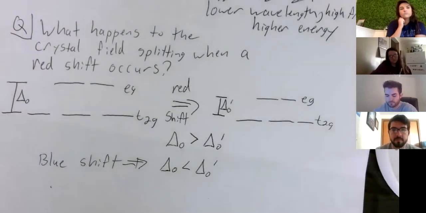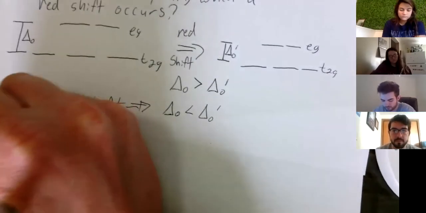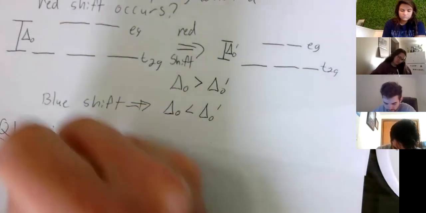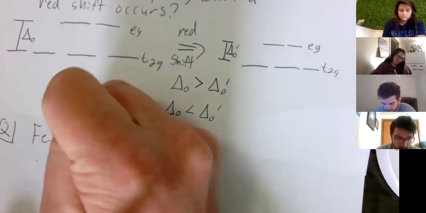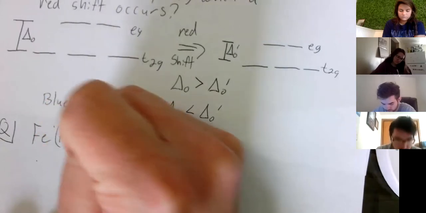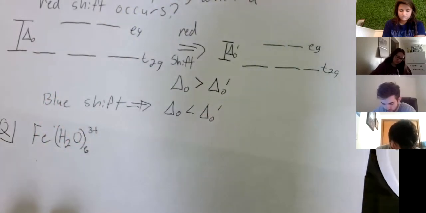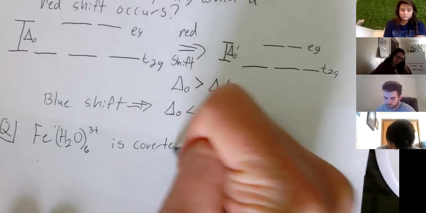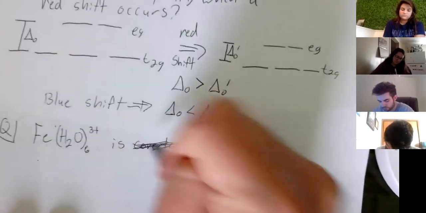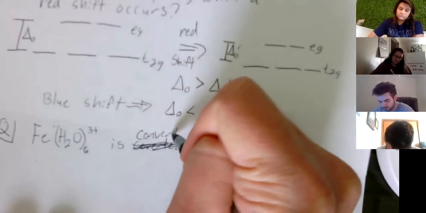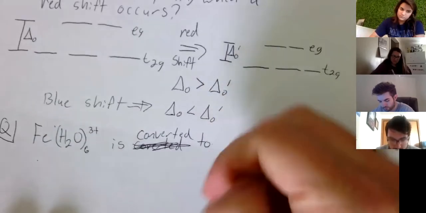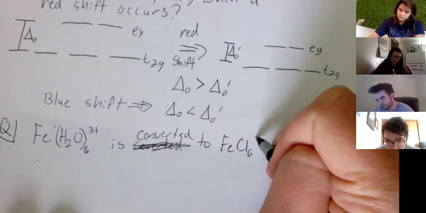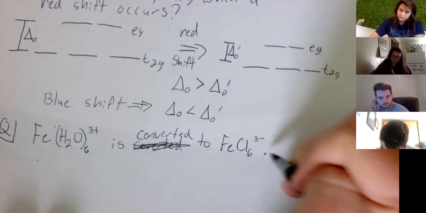Okay, so now let's ask the question. Fe(H2O)6 3+ is converted to FeCl6 3-.